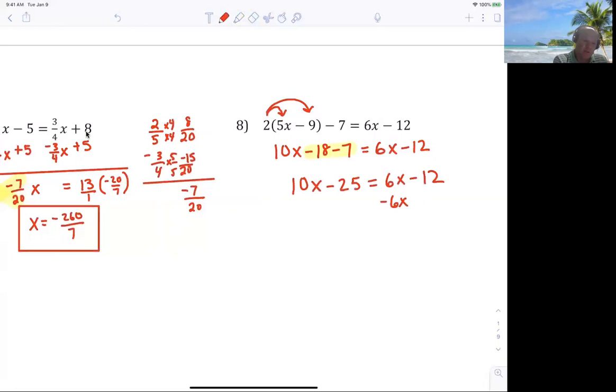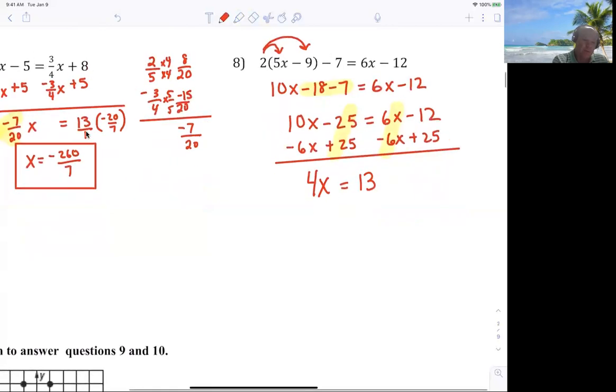Subtract 6x, subtract 6x, add 25, add 25. Now you see the variables have been combined and the numbers have been combined. Variables go to the left, numbers go to the right. This cancels here, this cancels here. 10x minus 6x is 4x equals 13. Then divide both sides by 4, and so x equals 13/4.